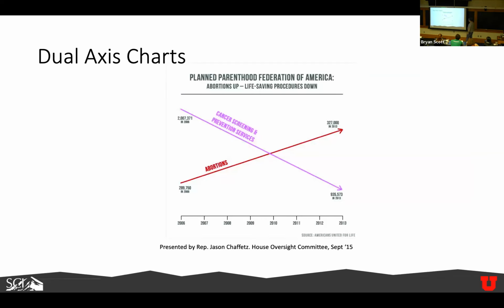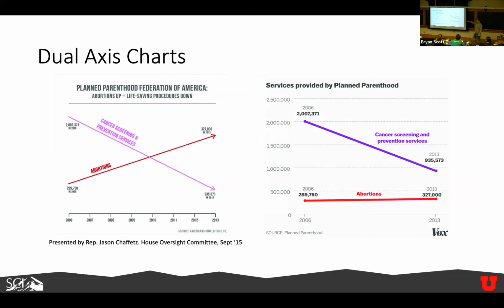Okay, so this is a Planned Parenthood chart. Turns out this is a dual axis chart. You can see cancer screenings and prevention services going down pretty extremely, and abortions going up pretty extremely. This is back in 2013. Turns out this is what the chart really looks like if you have them on a common scale.